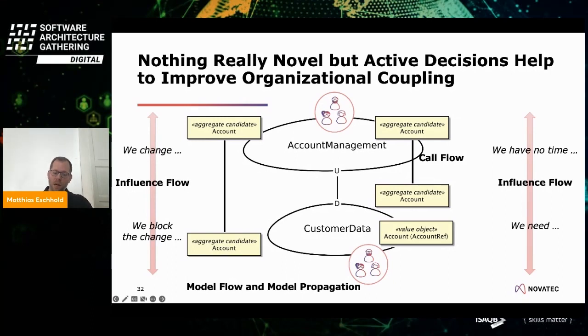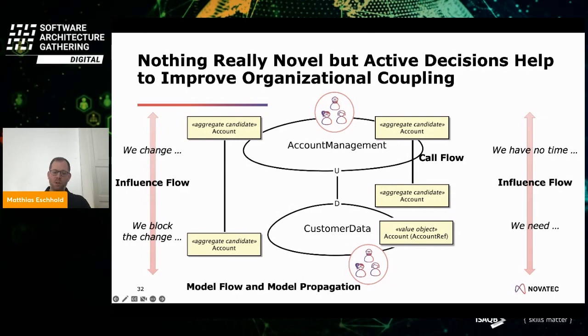The coupling decides how strong the influence between these bounded contexts, respectively teams, is. We express this influence based on upstream and downstream, but we see here there are more influence factors to consider that also grow out of the call flow and model flow dependencies.